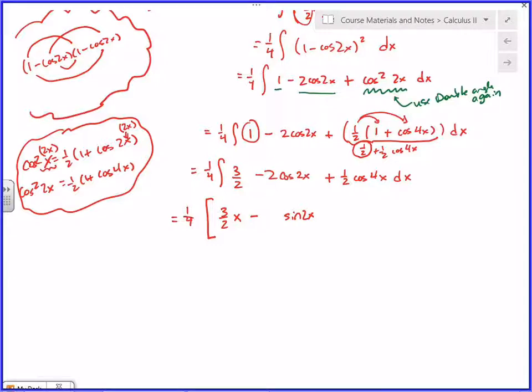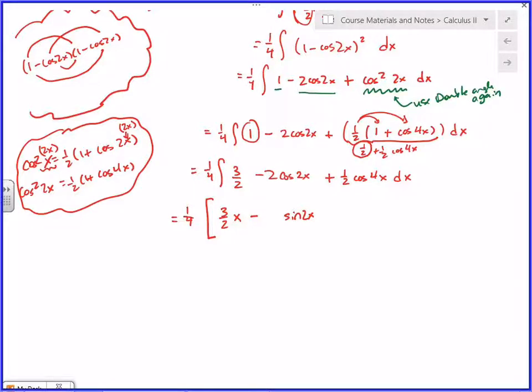Now, what I'm doing is substitution in my head. If you want to do this the long way, you would say, okay, integral of negative 2 cosine of 2x dx, let u be 2x. Then du is 2 dx. So here's your du, and here's your u.